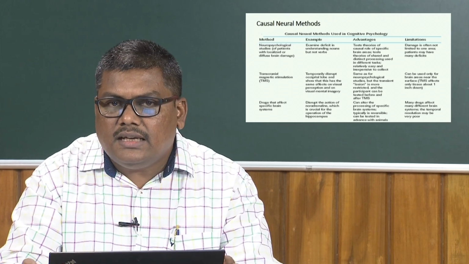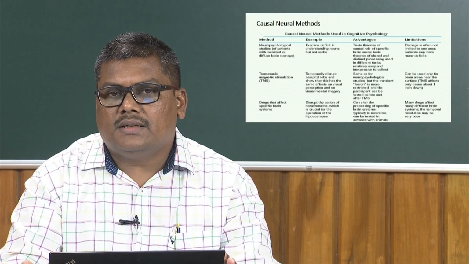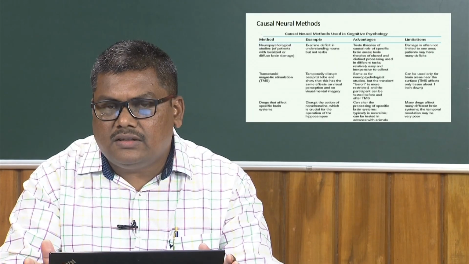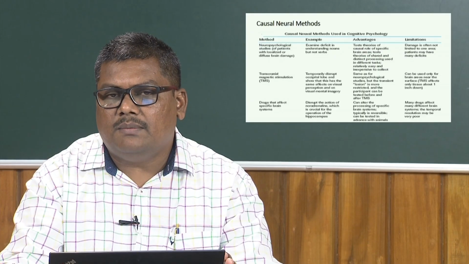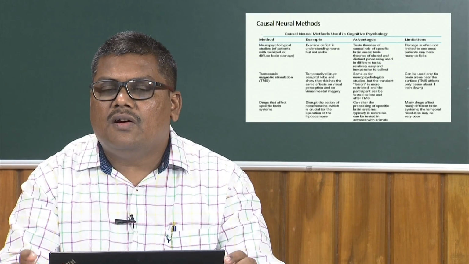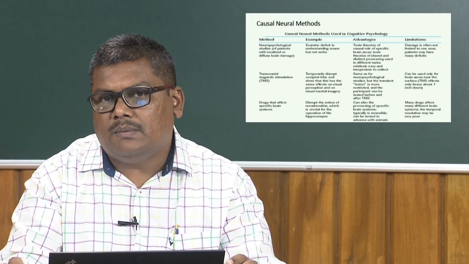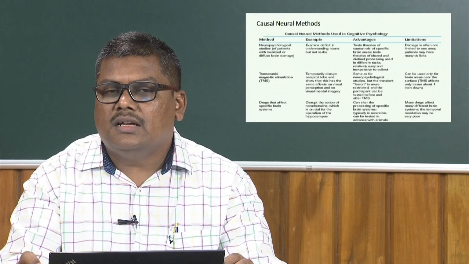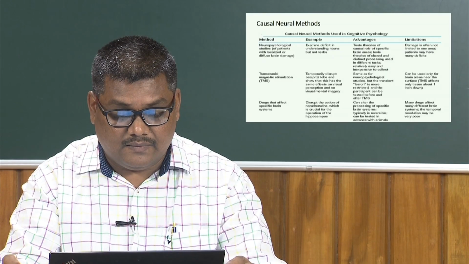Once this area is inhibited, the same task is given to a person who has taken this drug and a person who has not had the drug, and comparisons are made. These comparisons give us an idea of what brain areas are involved, what mental processes are being processed, and what the time course of these mental events is.